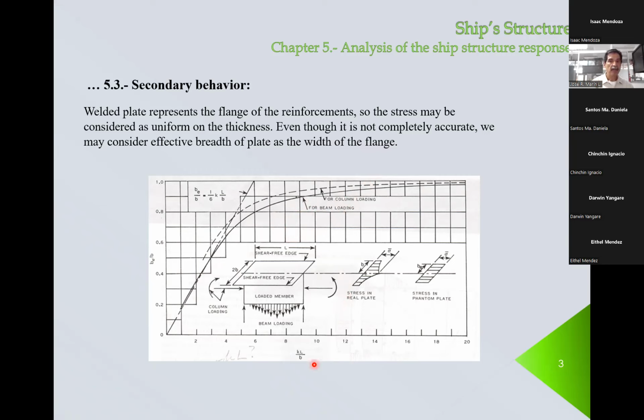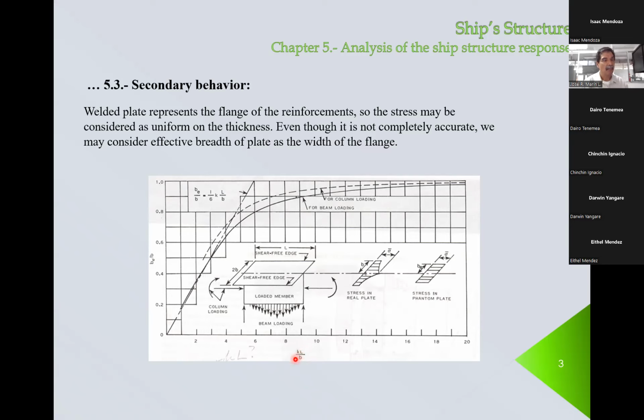Here, does anybody remember what KL means? KL? Mr. Tenemea, do you remember what KL is? The effective breadth is? No. KL here.